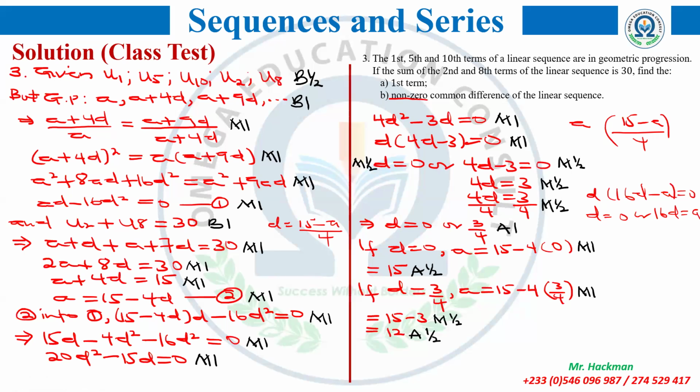Okay. So see what Carl did. He got two equations at this point. So if you only got 16D is equal to A and you continued, does it mean the rest of your work will be 0, like M0, A0? Oh no, you won't get M0, A0. It's just that in your conclusion, one of the values you have discarded.